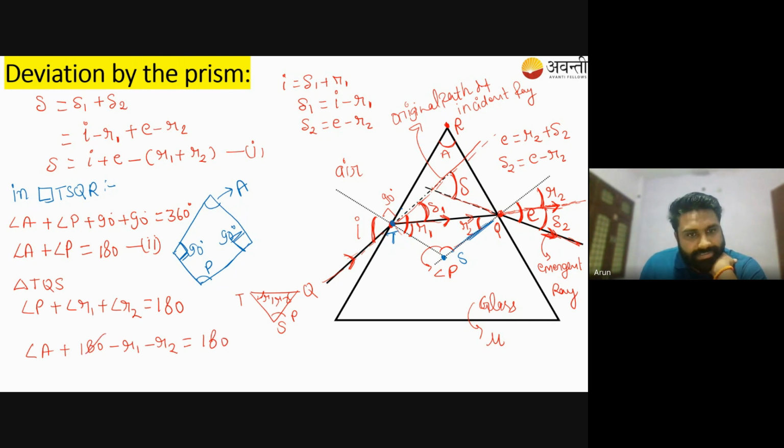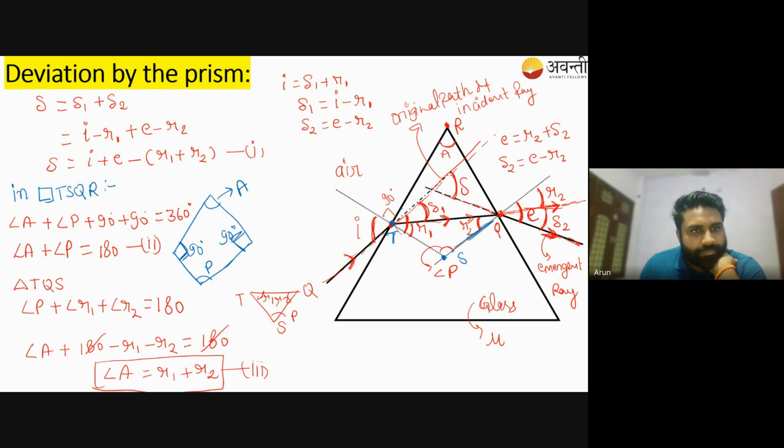If I cancel this term, angle A is nothing but R1 plus R2. This is equation number 3.